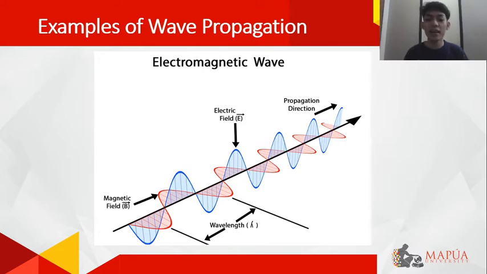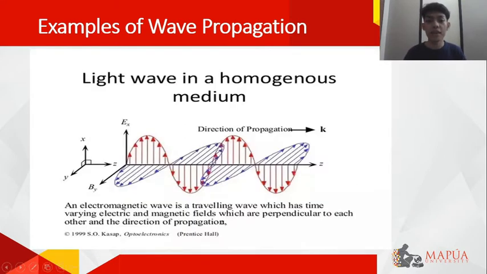You can see here the electric field direction, magnetic field direction, and propagation direction, as well as the wavelength of the wave. Here is another example that showcases a light wave in a homogeneous medium. Here we can see that an electromagnetic wave is a traveling wave which has time-varying electric and magnetic fields, which are perpendicular to each other and to the direction of propagation.